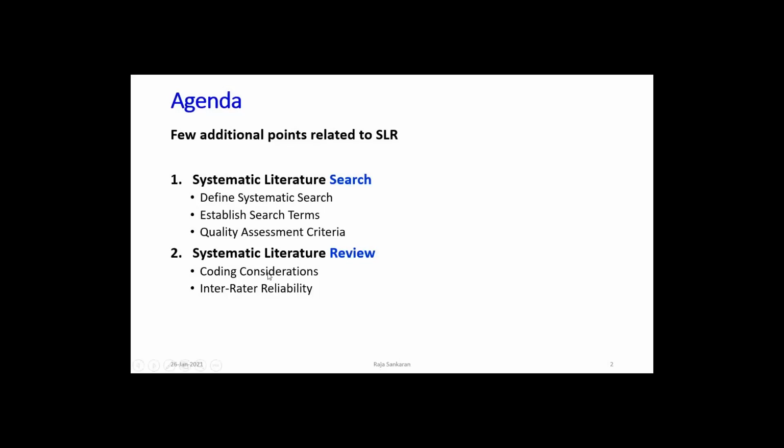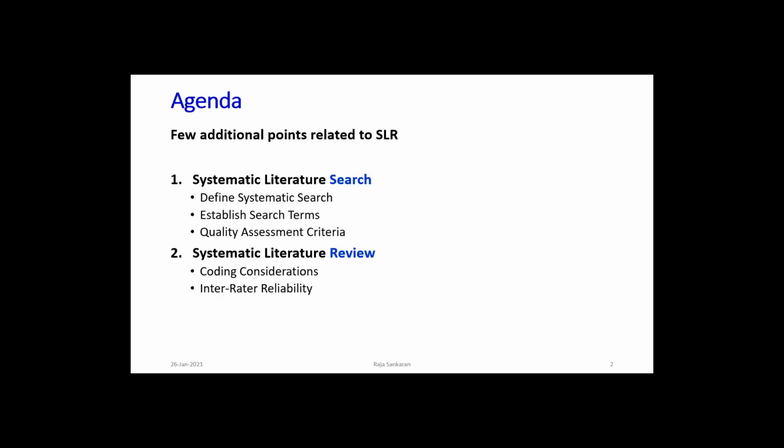Next comes the review aspect. Whenever more than one researcher is working on, say, an SLR or meta-analysis, how do you ensure that the rigor is established between them? When I say two, it could be two or more, 2, 3, 4, 5.